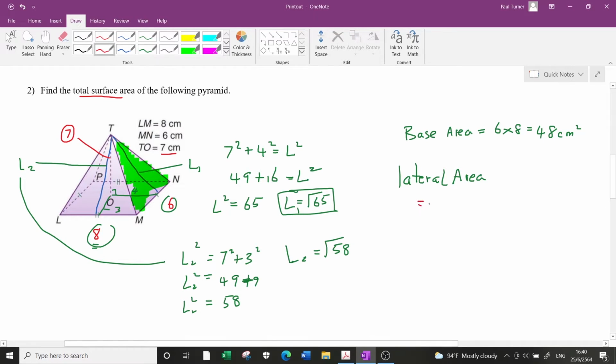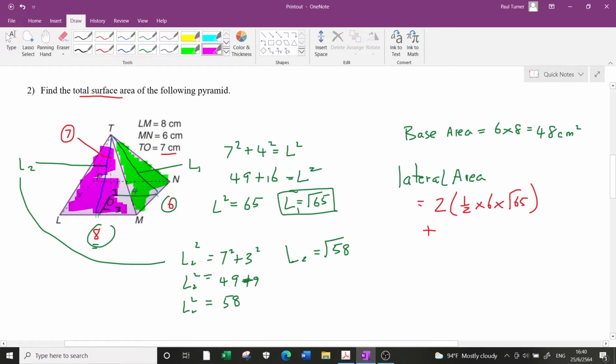So we're going to have 2 because we have 2 faces, and the area of this triangle in green is half times the base, which is 6, times the slant height L1, which was root 65, plus the front face here in purple.